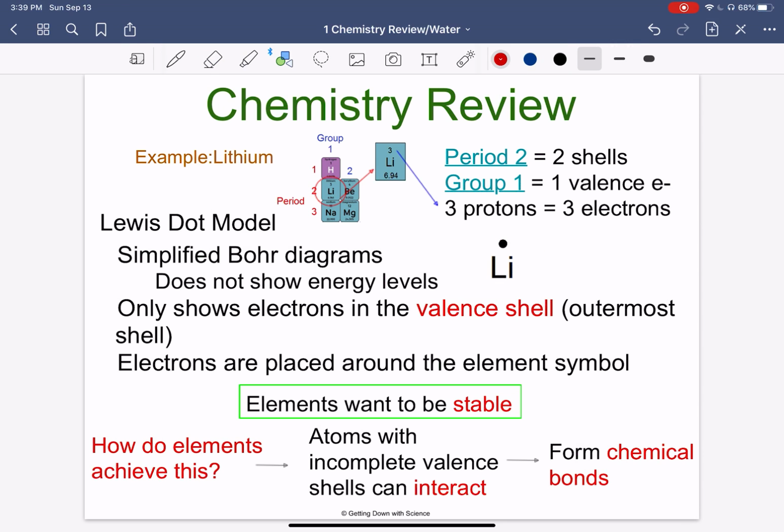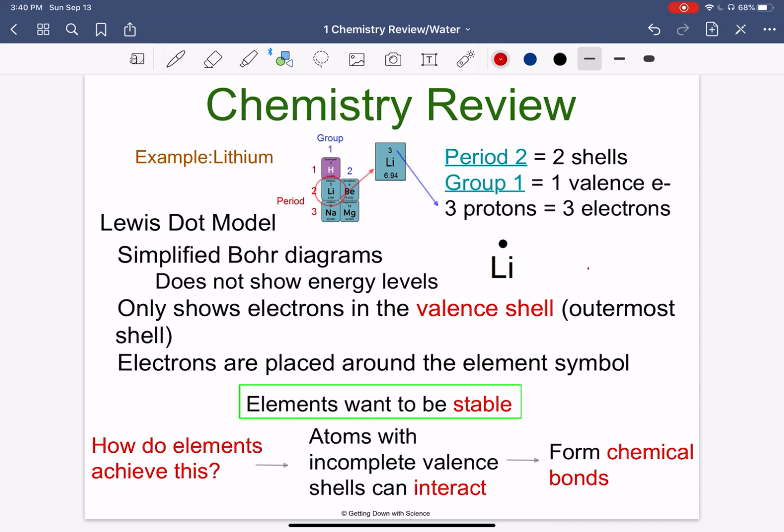Now, why this all matters is that elements want to behave as if they're noble gases. What I mean by that is that the outermost valence shell wants to be completely full. All of the noble gases, from helium to neon to argon all the way down, have outer rings that are completely full.